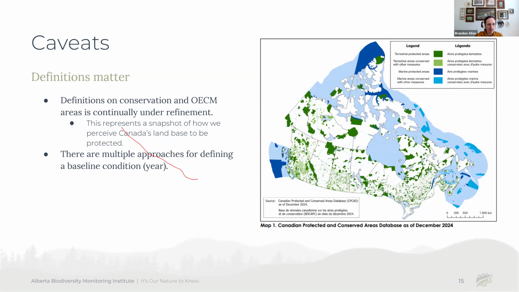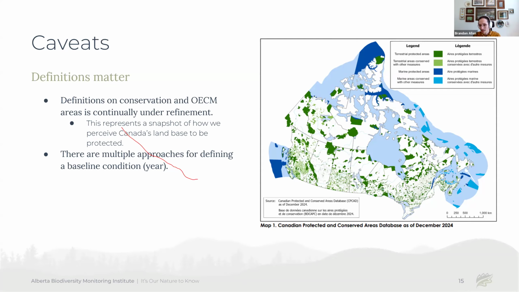Second, it's really important to think about the definitions. The definitions for conservation areas and OECMs are continually under refinement. What we're talking about here is really a representation of how we perceive Canada's land base and Alberta's land base to be protected, but these are actively ongoing conversations. We do have rangelands that contribute to biodiversity across the province.